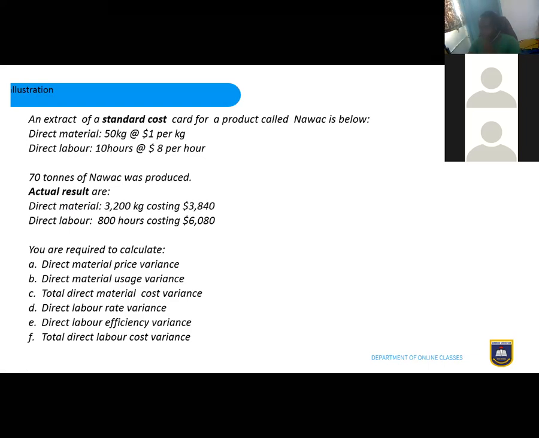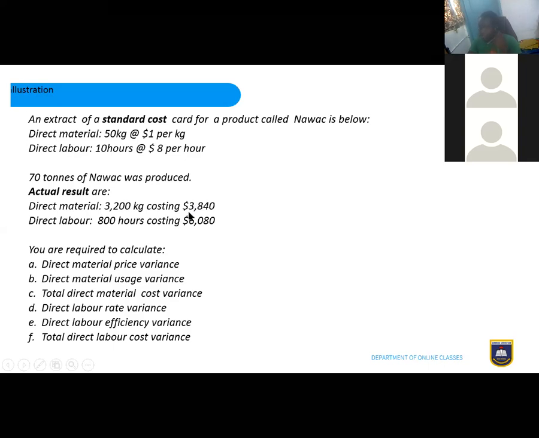You can't be deducting this unit price, which is one, from 3,840. This unit has to do with a unit cost. So when they give you the total figure, mathematically, to find the unit cost, you just have to divide the total cost by the total quantity. Then you will find your unit price, or your actual price.